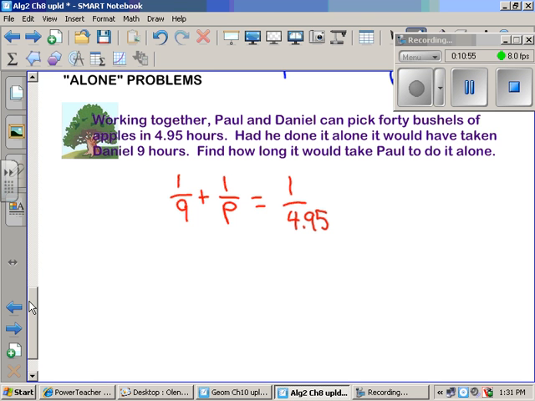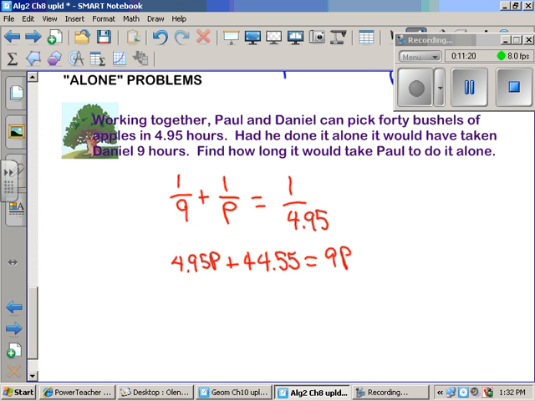44.55. All right, so if I multiply this one by 44.55p, I get 4.95p. If I multiply this one by 44.55p, I get 44.55. And if I multiply this one by 44.55p, I get 9p. Okay?